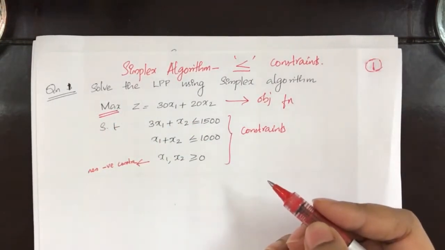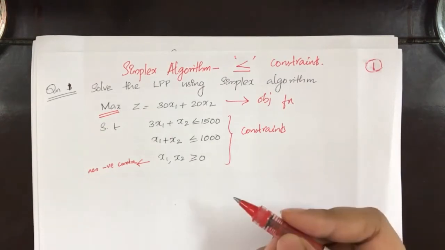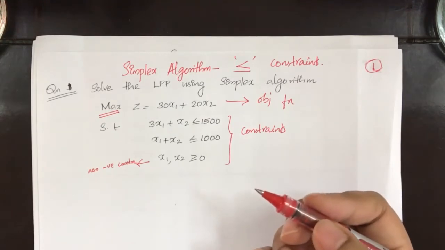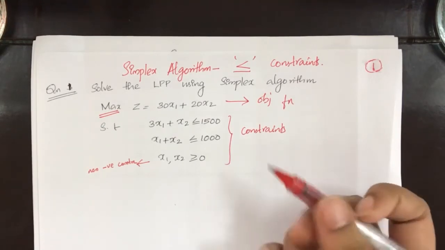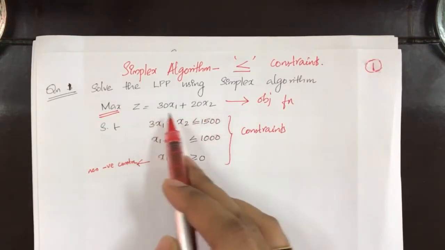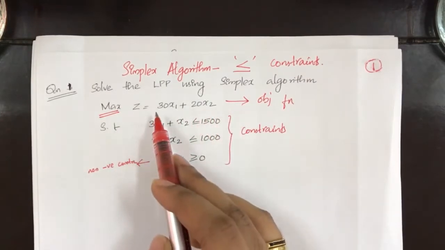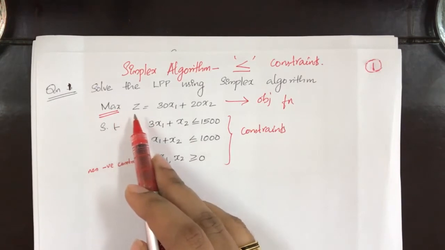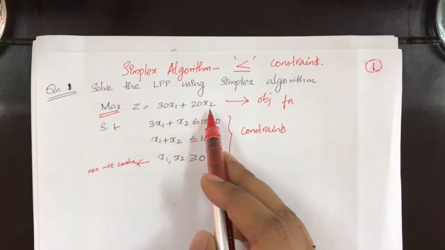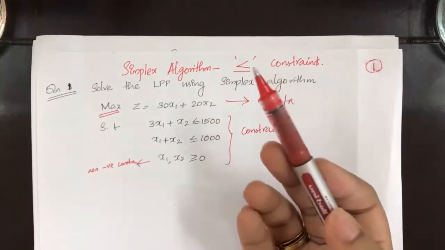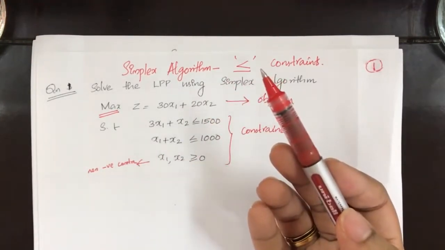Every time the objective function should be of maximizing. Otherwise, if the question is of minimizing, we need to convert it into maximizing by simply multiplying the entire objective function by negative one. So if it was minimize Z equal to 30x1 plus 20x2, then we will convert the minimization function to maximization by multiplying with a negative.